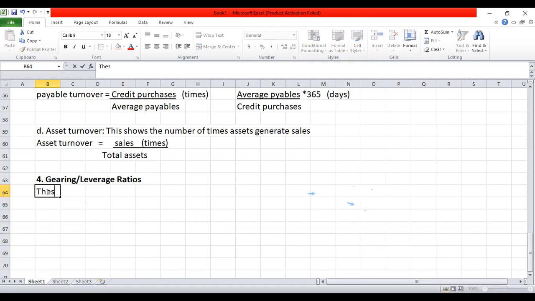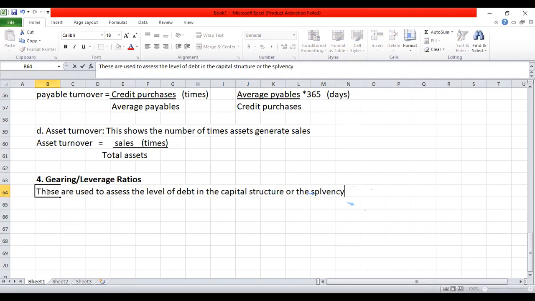So these are used to assess the level of debt in the capital structure or the solvency of the business.